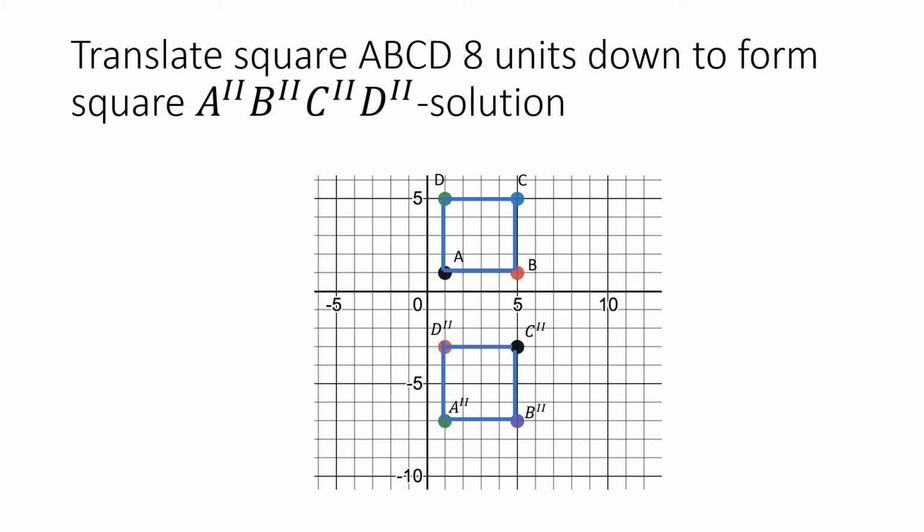So after we translate square ABCD 8 units down, we have our image A double prime, B double prime, C double prime, and D double prime. This is our pre-image, the original image, and this is our image, the translated one.